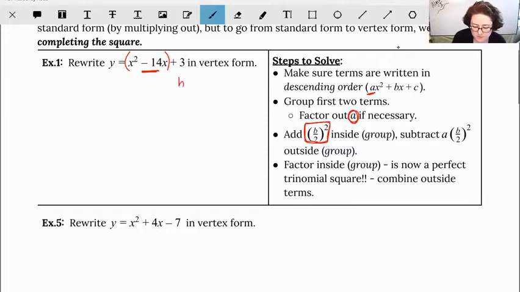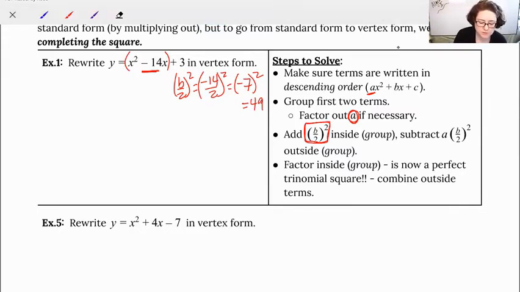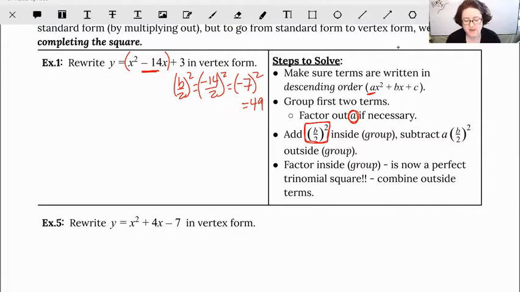So for this, our (b/2)^2 is (-14/2)^2. If I simplify that out, I get -7, and -7 squared is 49. So what I'm going to do to change up this equation is rewrite it where I have a 49 in the mix.